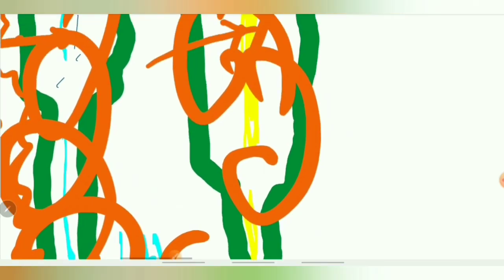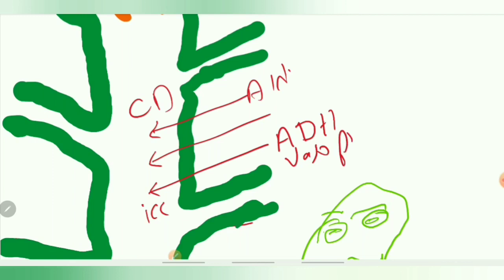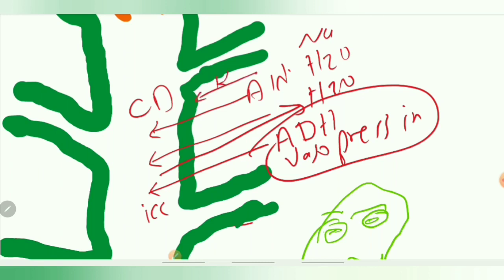This antidiuretic hormone acts here on the intercalated cells, mainly, and it is also called vasopressin. This stimulates the retention of water. So we have aldosterone that causes sodium and water retention and excretion of potassium.